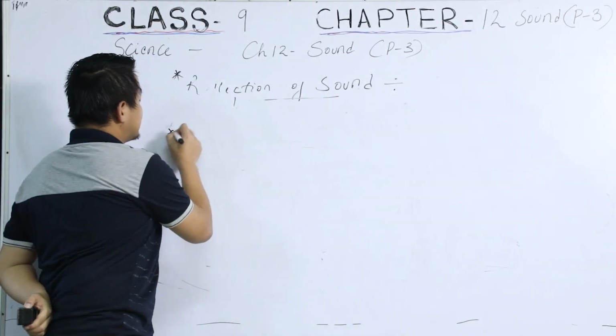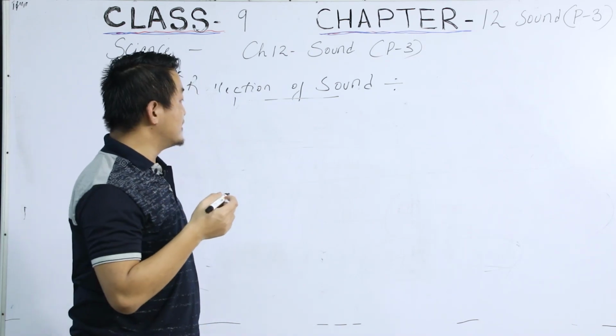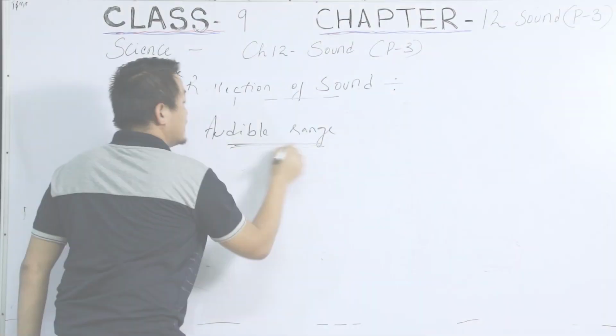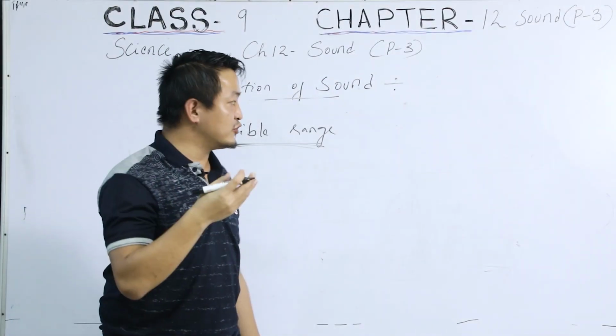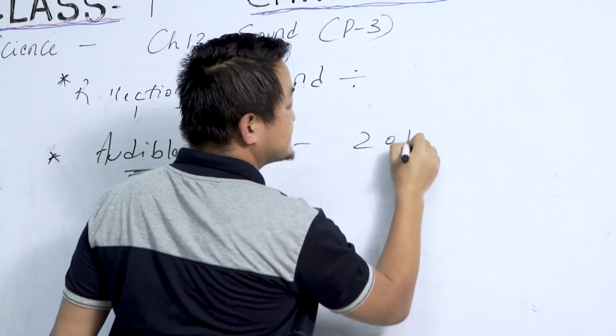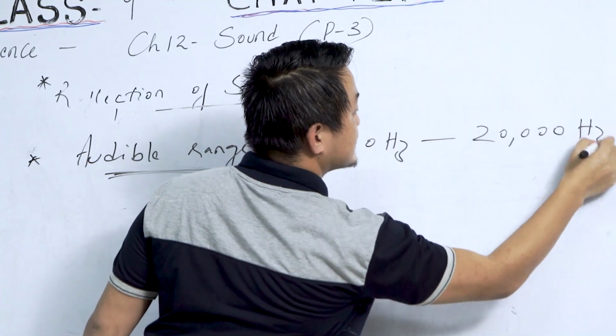The next topic, students, is about the audible range of sound. I have already given you an example. The audible range for a human being to hear sound is between 20 hertz and 20,000 hertz.